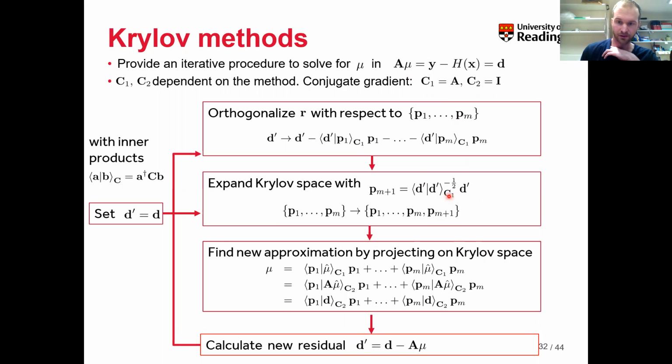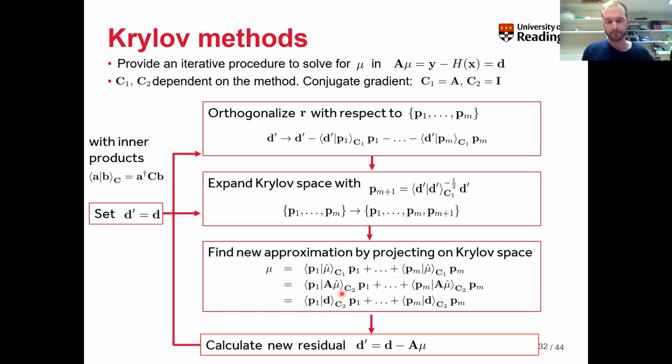After normalizing it, you project the true solution of the system onto the basis vector you just created. The issue, of course, here is that you don't know what the true solution of the system is.